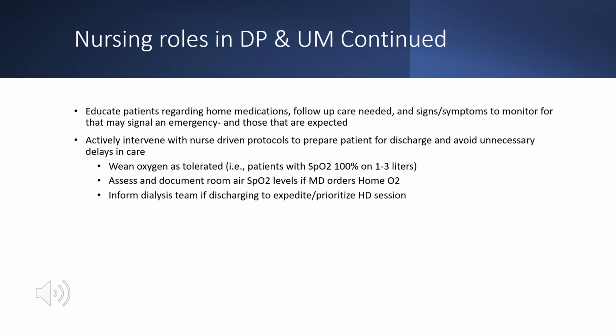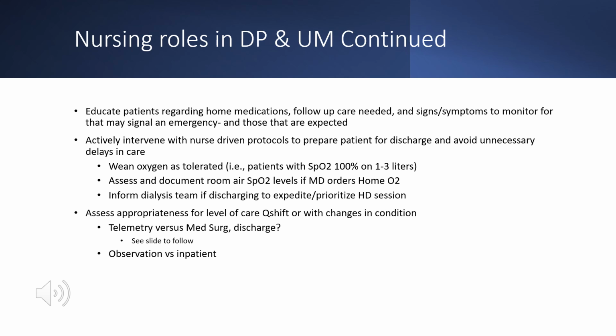Finally, assess the patient's appropriateness for current level of care every shift and with changes in condition. Can the patient be downgraded? Is the patient listed as observation when they meet inpatient criteria? Wait, what are inpatient criteria? What does that mean? Now, patients may be admitted under observation when ruling out an acute process.